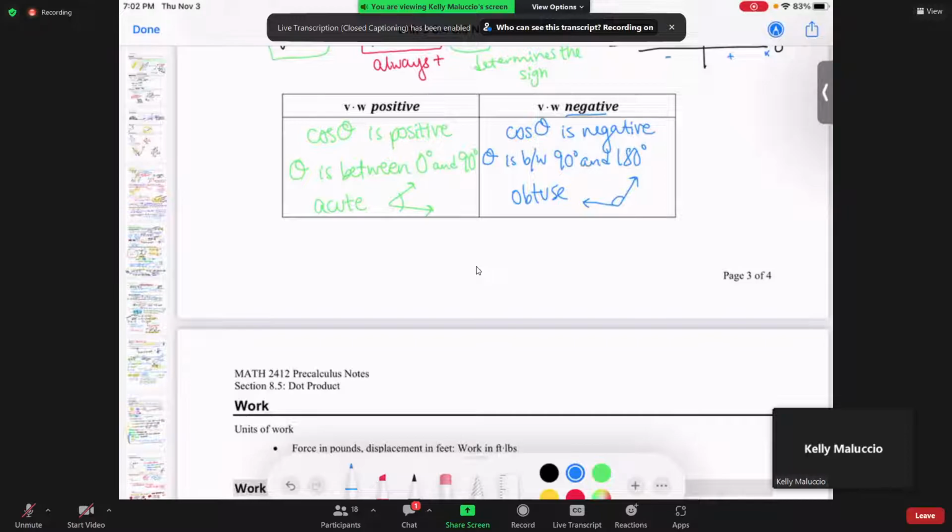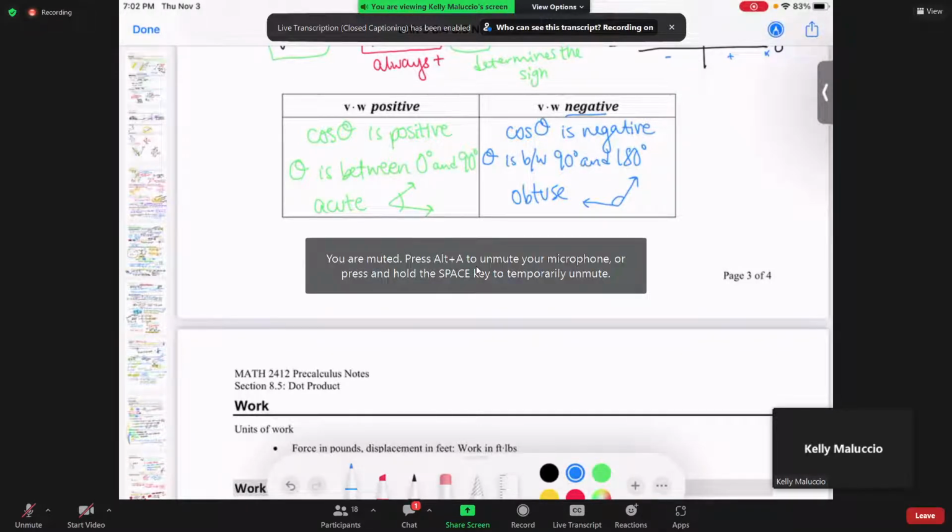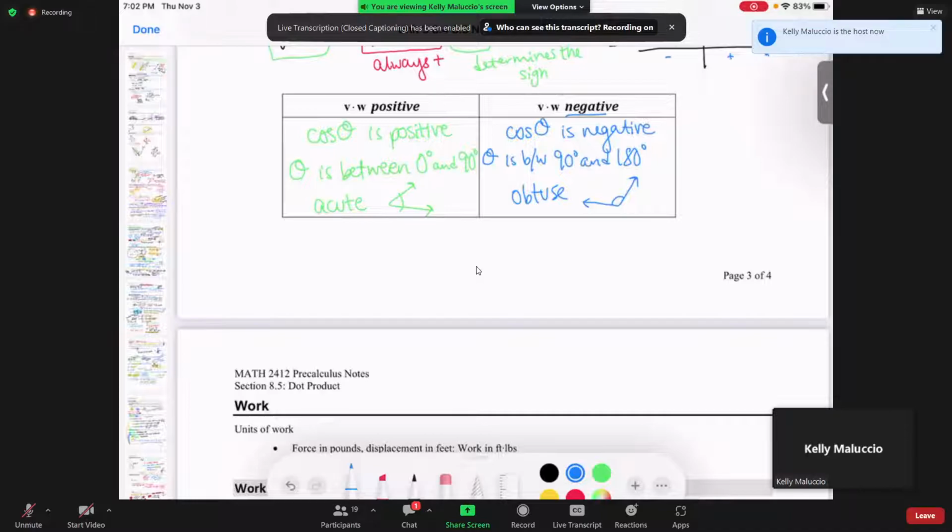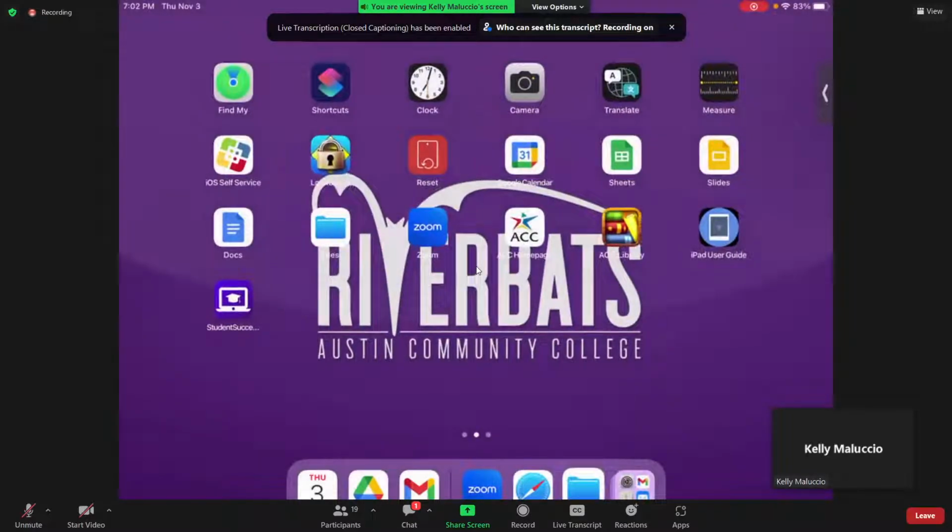Okay, so I'm going to try to connect. My computer has failed me far too many times, but I'm going to try to connect back with you guys, which means I'll have to hide what I'm sharing for a sec. Give me a moment.